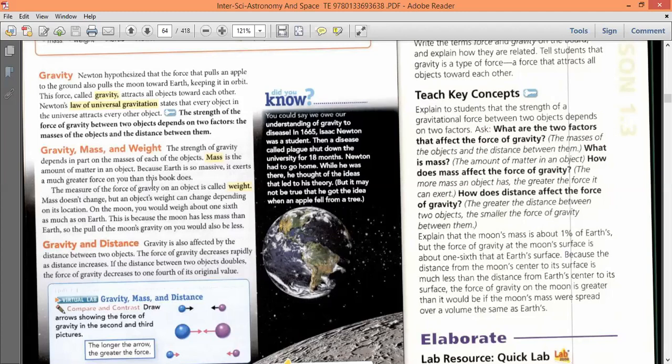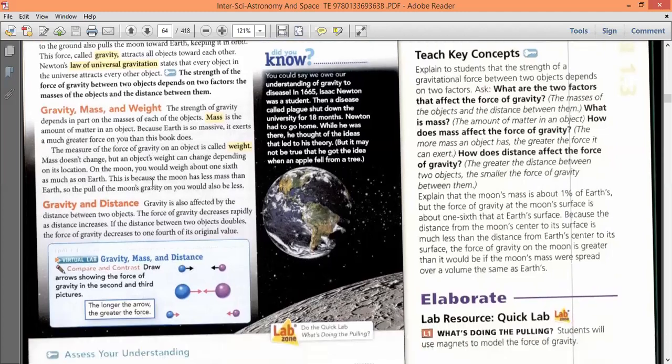The moon has less mass than Earth, so the pull of the moon's gravity on you would also be less. So as the mass increases, the gravity increases, and also the weight will increase because weight depends on gravity. Gravity and distance: we can see in this figure that the gravity between these two objects is greater than between those, because those are very small.